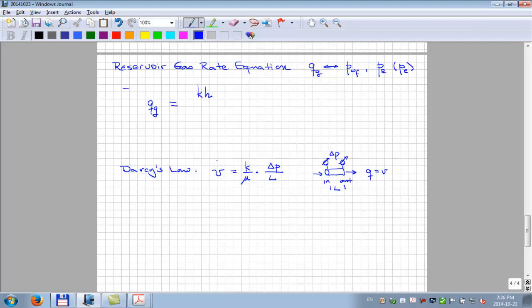This is the Darcy velocity. It is not a physical velocity. It's what we call the Darcy velocity. That velocity times that bulk area. Times the area. And I'm going to call this the bulk area.